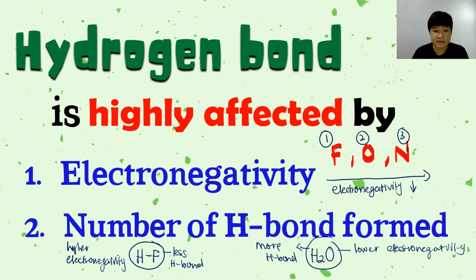And because of this, the boiling point of HF will be lower than the boiling point of H2O. Why? Because HF can form fewer hydrogen bonds, so less energy is needed to overcome the hydrogen bonds. Therefore, the boiling point of HF is lower, but the boiling point of H2O is higher. Because in water, there are more hydrogen bonds, more energy is needed to overcome them.